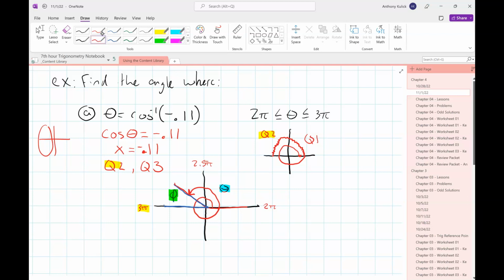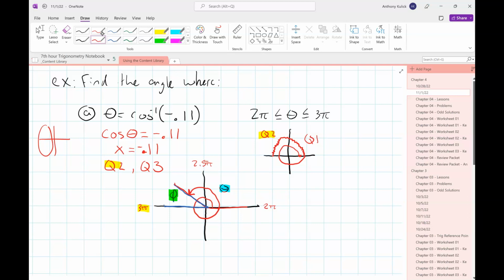So if I look at this picture, is theta bigger than 3 pi or smaller than 3 pi? Look at your picture. Look at where theta ends and look at where 3 pi is. Is theta bigger than 3 pi or smaller than 3 pi? It's smaller. Why is it smaller? Because it doesn't go past 3 pi, right? It stops before it gets to 3 pi.